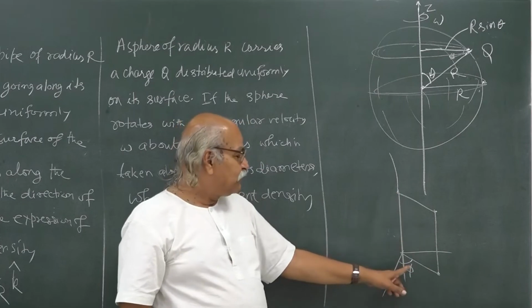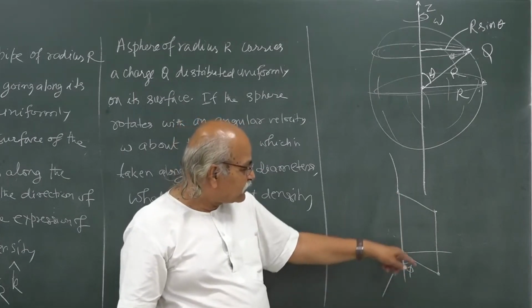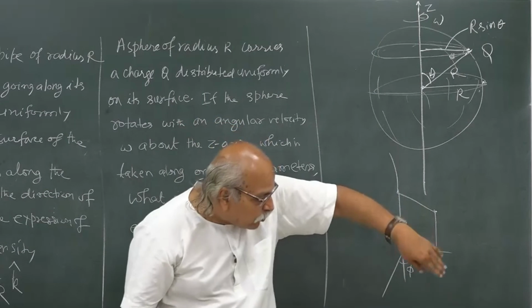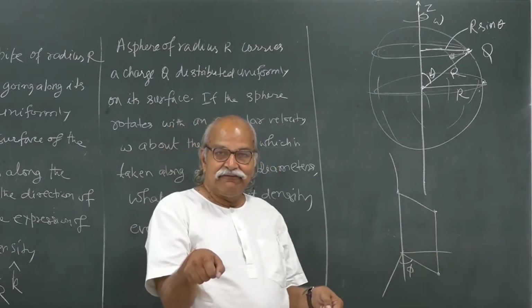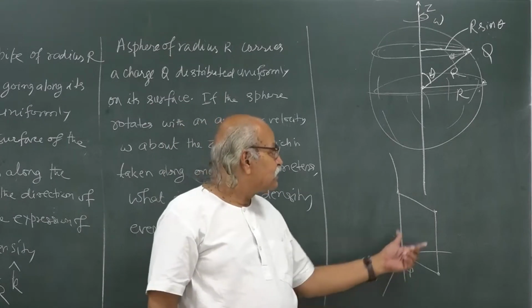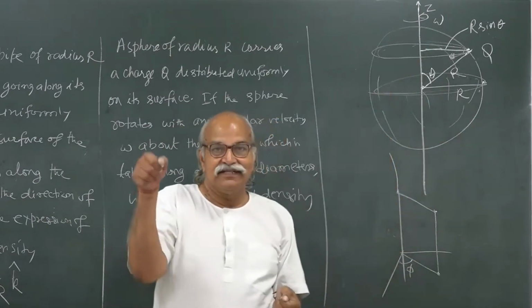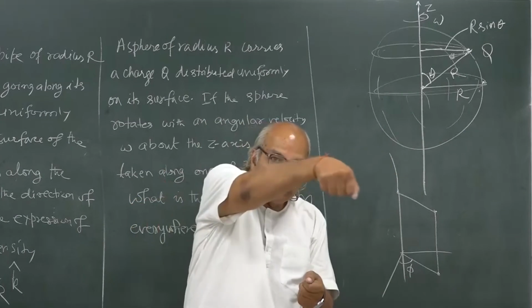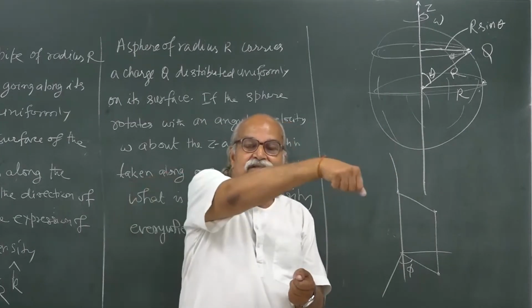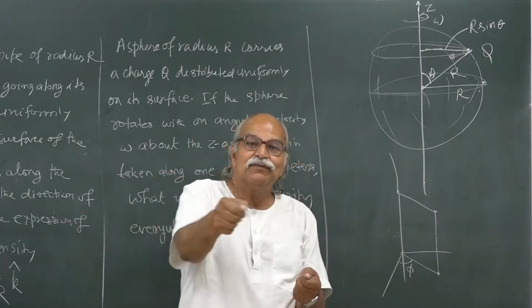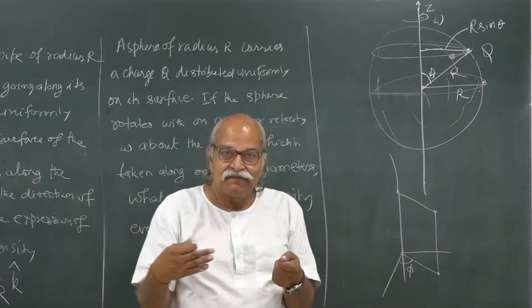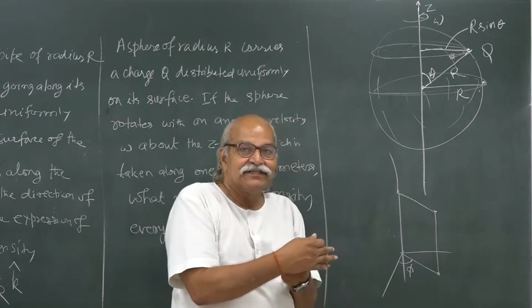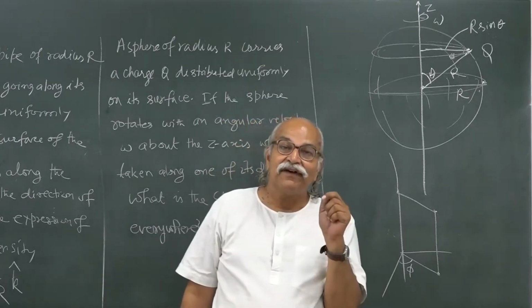When phi is changed, this point goes along that circle. At one point phi equal to 0, which is just above the x axis, and then as you rotate it in that horizontal plane, phi changes from 0 to 2 pi, and the direction in which phi increases is called the unit vector phi cap.